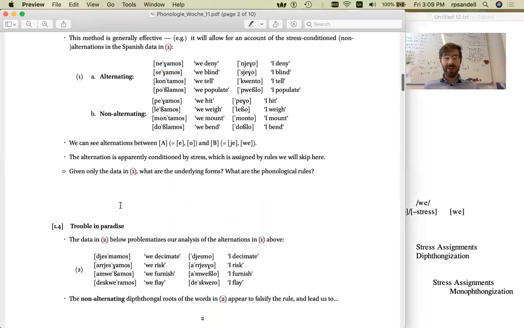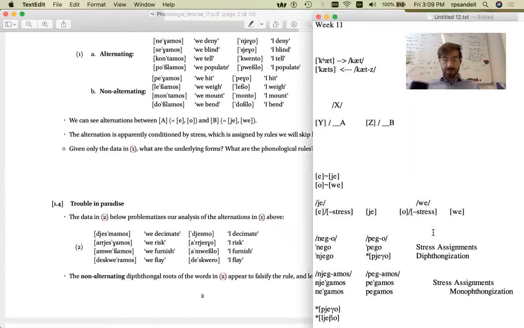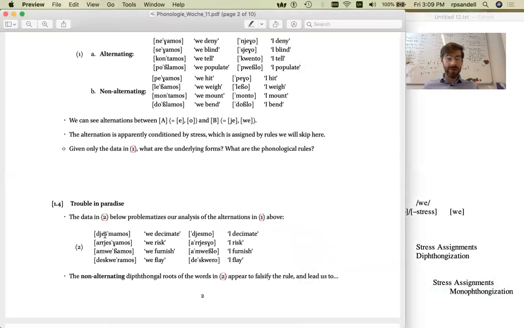However, we find yet more data in Spanish which will problematize this analysis, which seemed to work at first glance, namely because there are verbs which have these same diphthongs persistently. So there are verbs like diezmar, so first plural diezmamos, first singular diezmo, or descuerar, to flay, descueramos, and descuero.